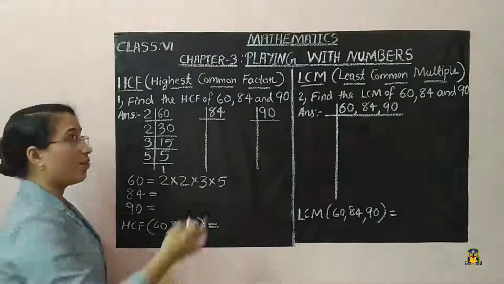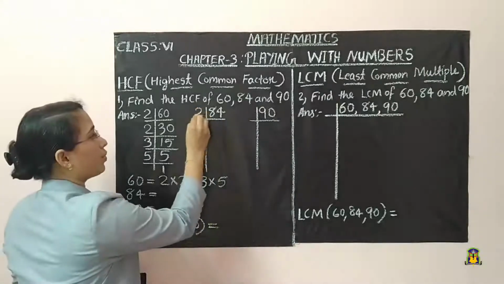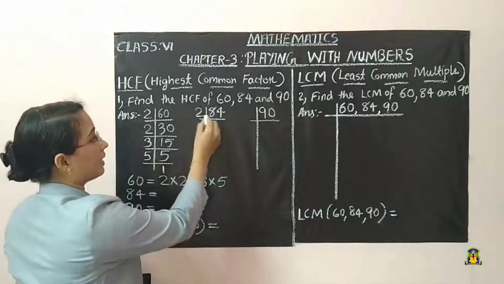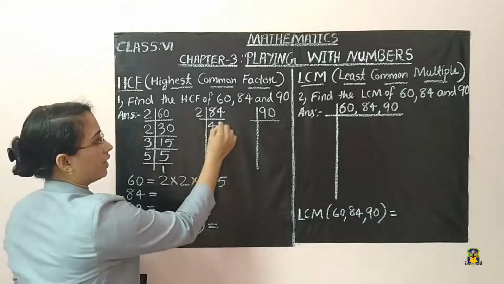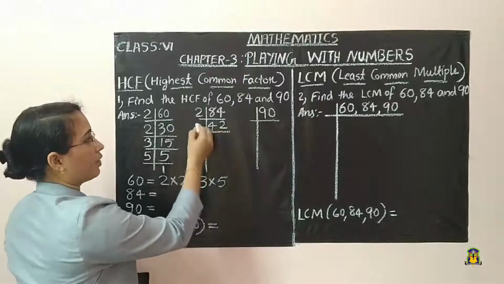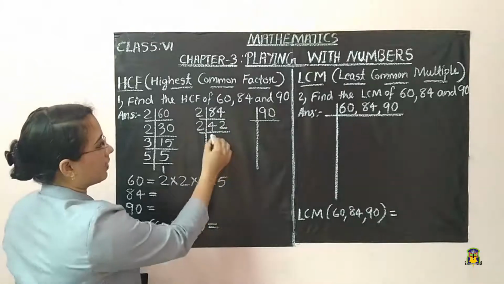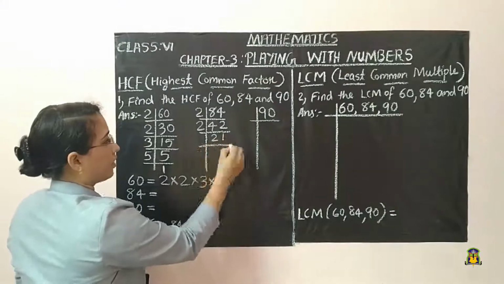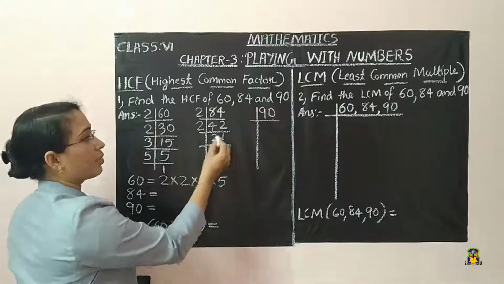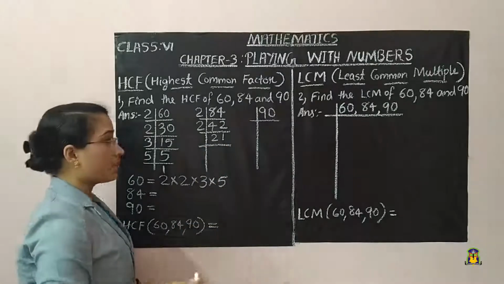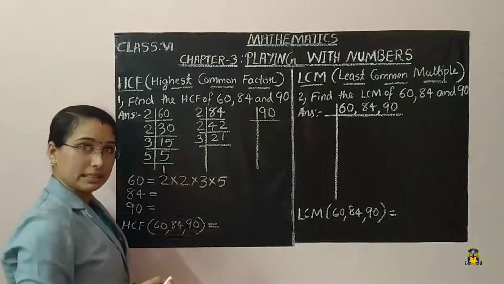Prime factorization of 84. 84 is also an even number, so 2 is possible. Then 84 divided by 2, what will be the answer? 42. Then again 42, 2 is possible. What will be the answer? 21. 42 divided by 2, we will get 21. Then in 21, 2 is not divisible, so we take the next prime number 3.